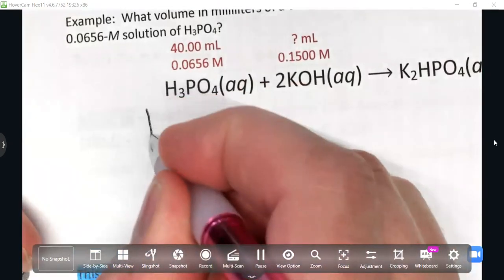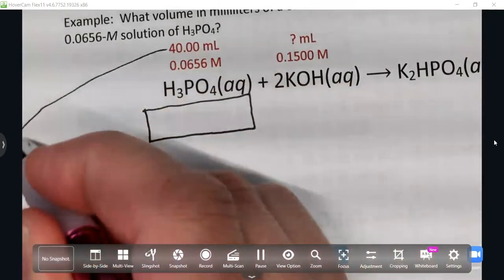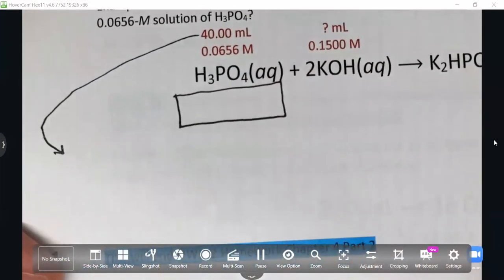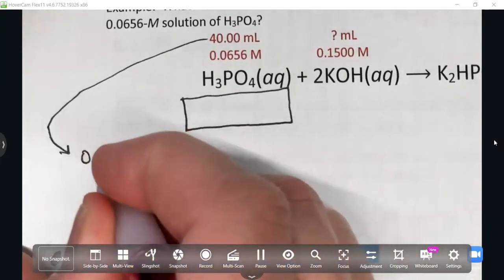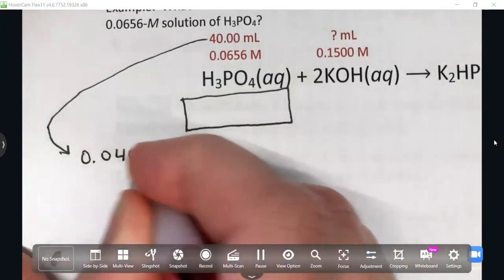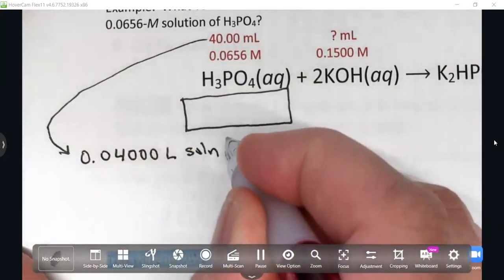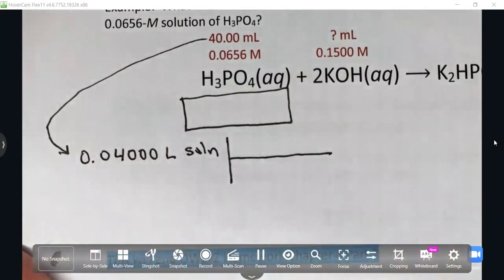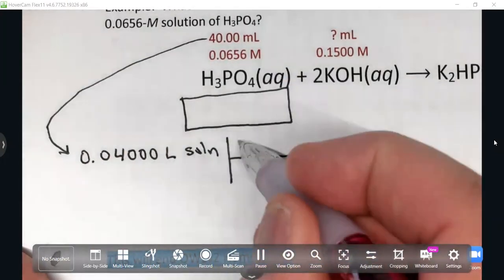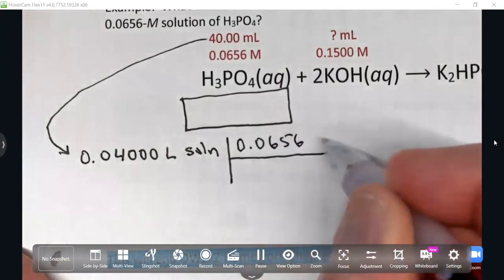So let's get this in moles. 0.0400 liters of solution. And the molarity is 0.0656.